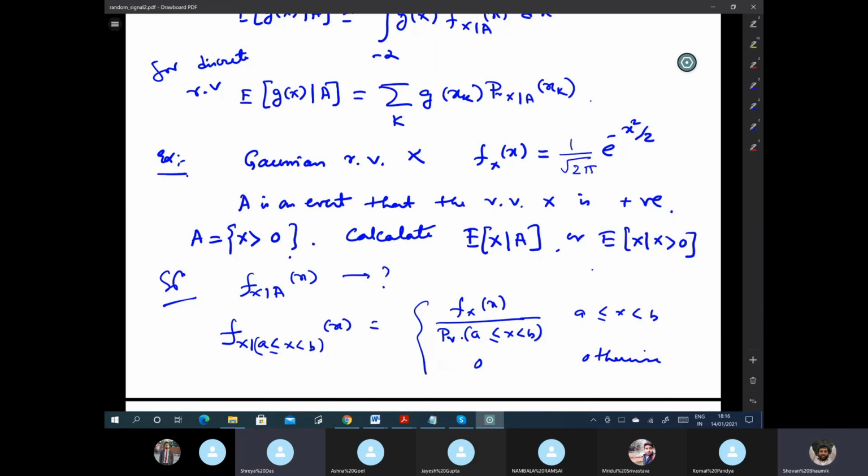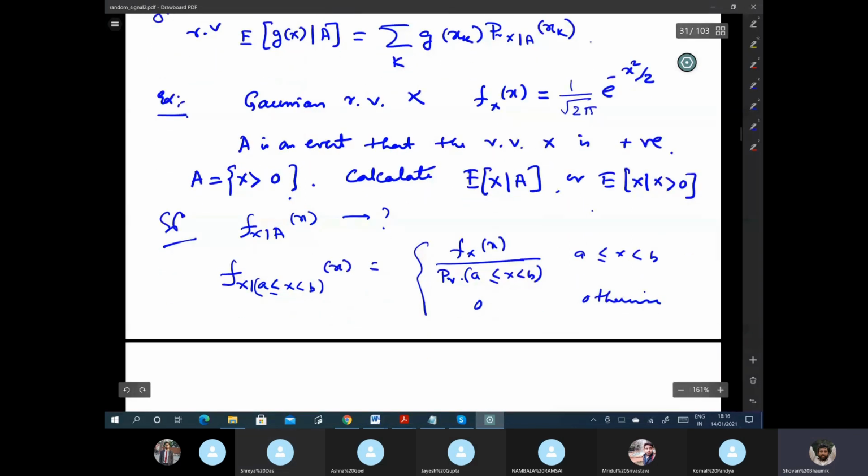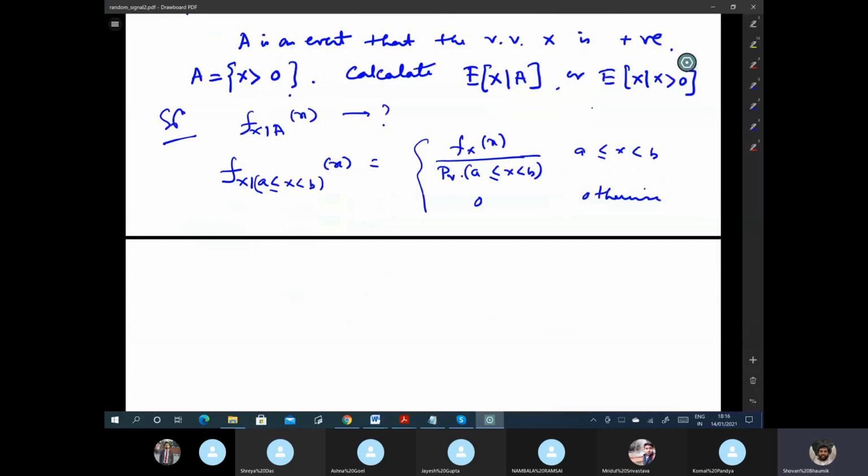Yes, sir. Here the event is x greater than 0, so for x less than 0 it will be 0.